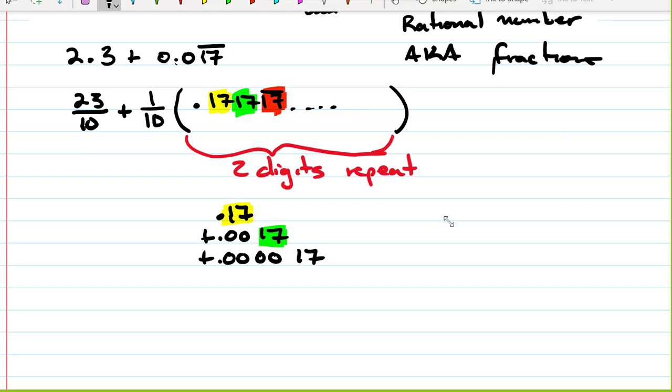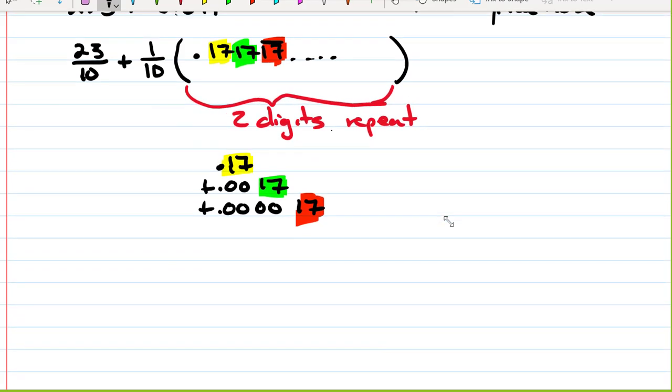So each time, it's the number of digits that are repeating that we're adding. And if I did that forever and ever, this would add up to 0.1717171717.